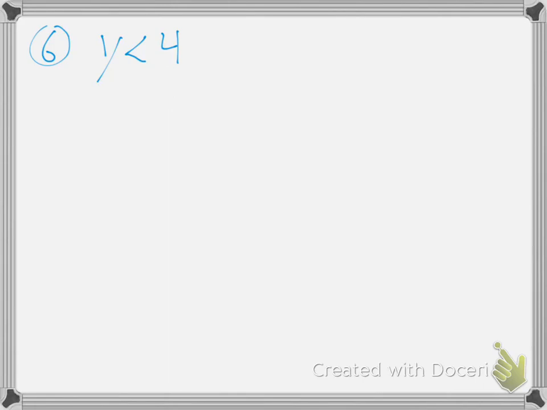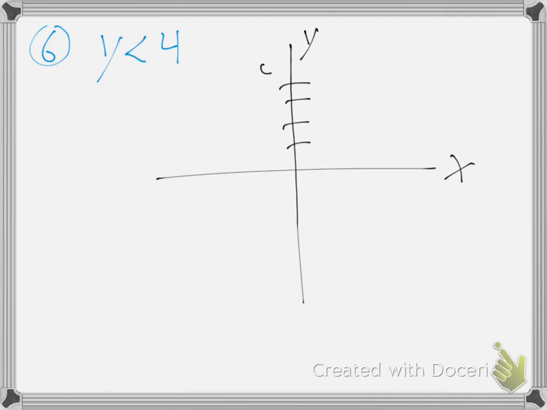We've only got y here. We don't have x anywhere. Is it undefined? No, that's when the bottom zero is underneath. You just literally go to the graph, and remember, this is the x-axis, this is the y-axis, and you just shoot a line right through y is 4. 1, 2, 3, 4, right there.